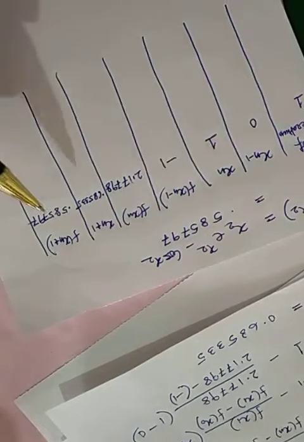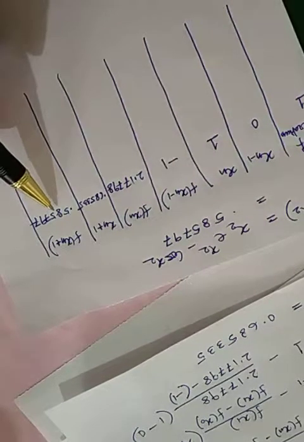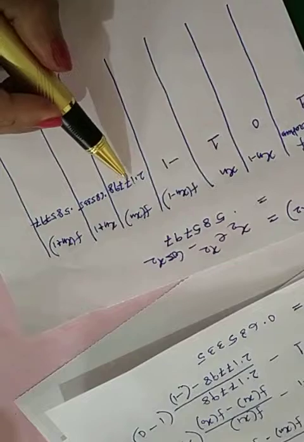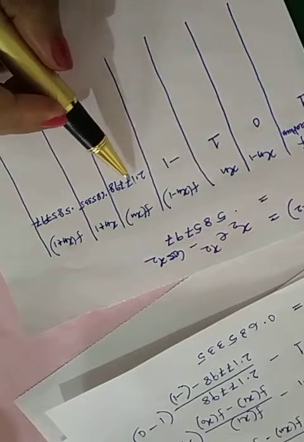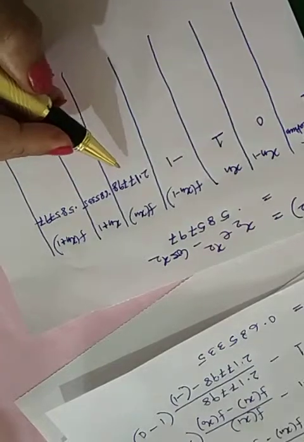Now look, the functional value is positive. So here f(x(n)), the functional value, is positive. This positive value will be replaced by this.